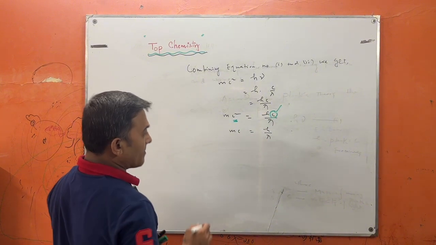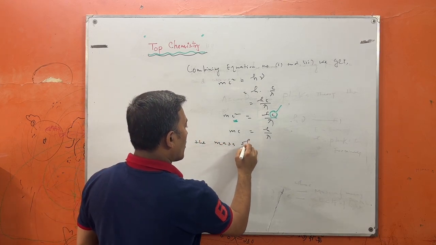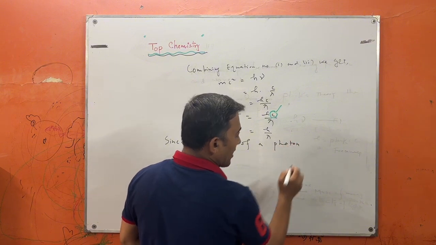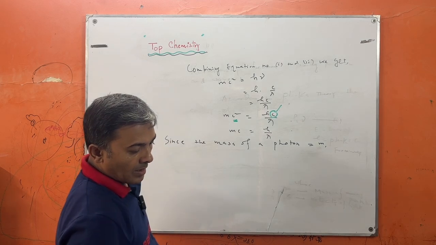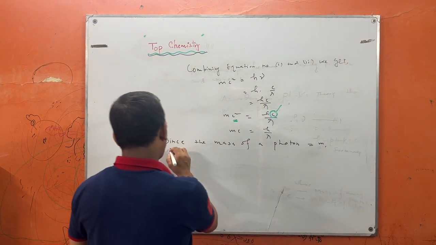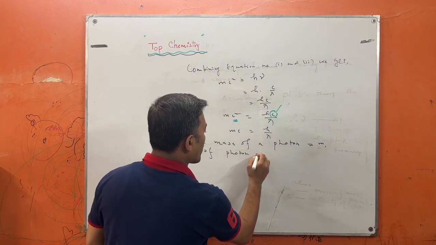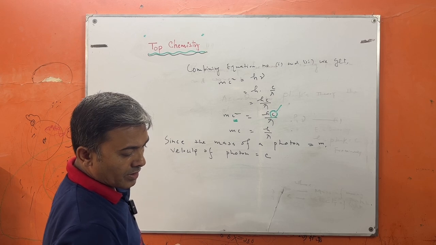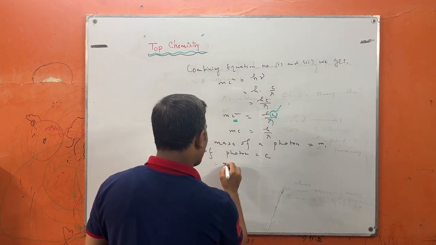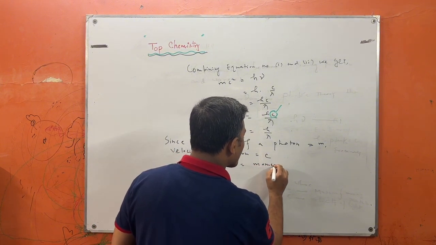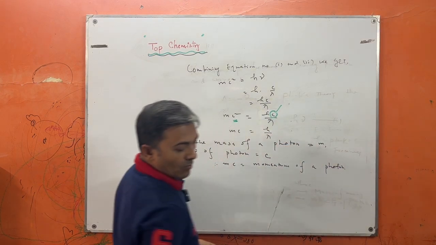Since the mass of a photon equal to m and the velocity of photon equal to c, mc equal to momentum of a photon.